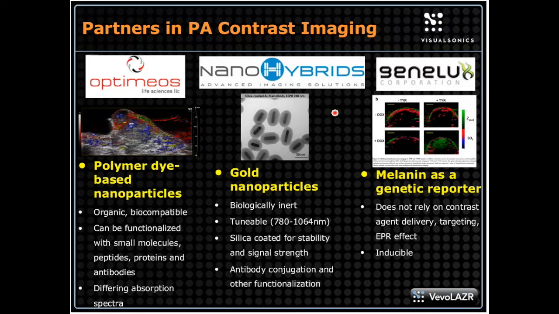Finally, Genelux has constructs to be able to do reporter gene imaging using melanin as a reporter. This doesn't rely on contrast agent delivery, so that's one advantage of using this genetic reporter. It doesn't rely on delivering a contrast agent to a specific target or getting it there at all. It's just the expression of the melanin at the target site.